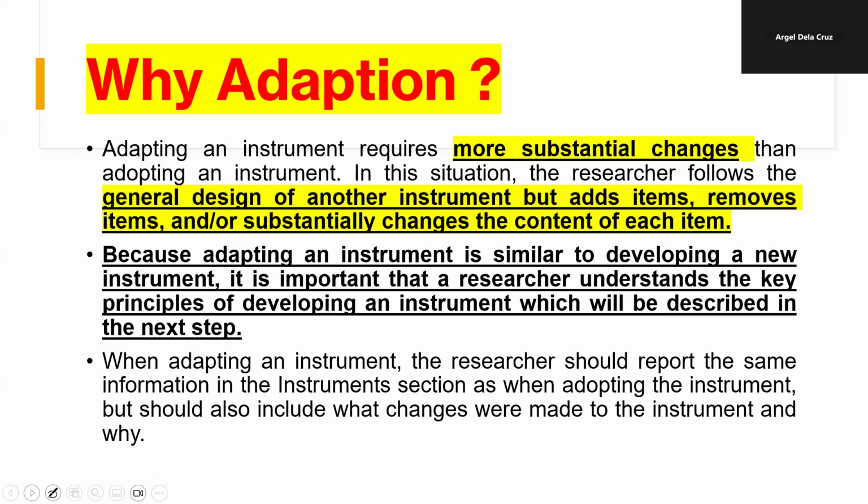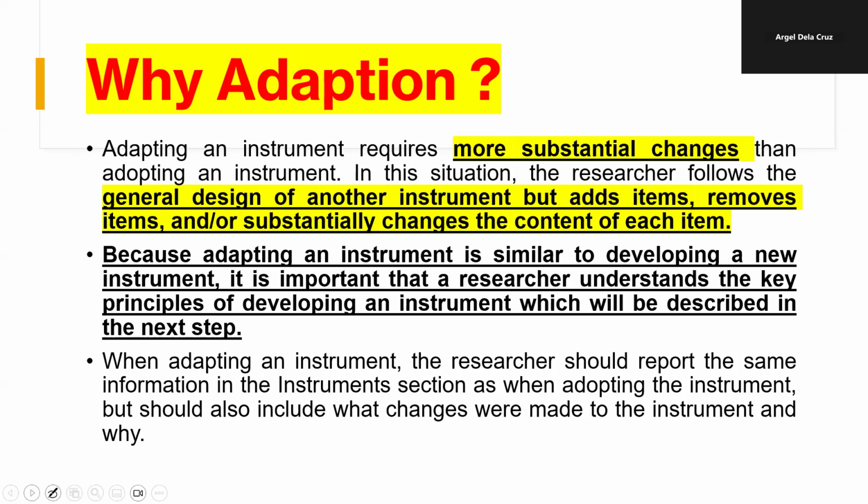It should retain a semblance of the original instrument in question. So the maximum that you can do is 60% retained and 40% altered. That is how we do adaptation. So adaptation has a purpose.